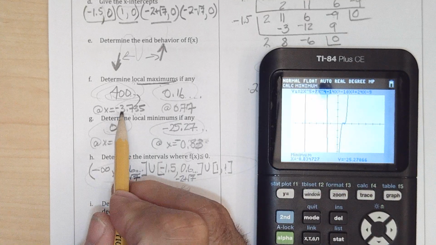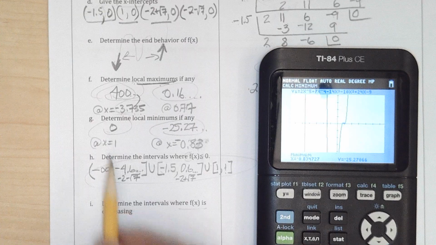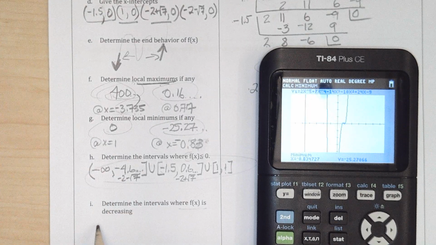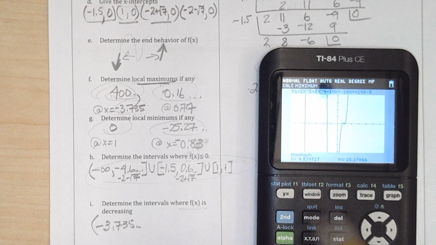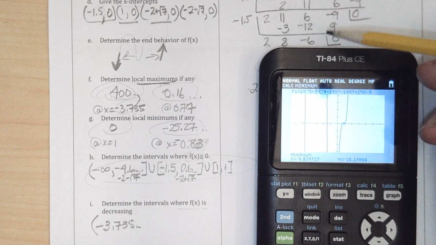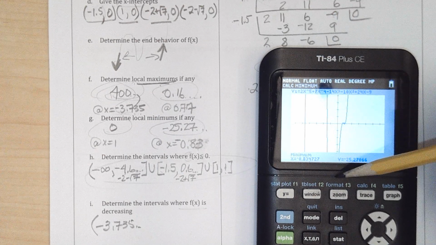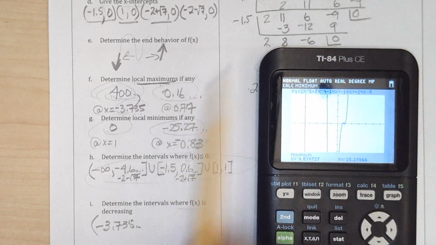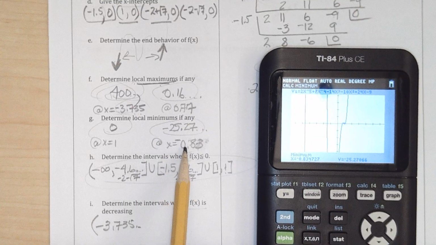So and that's why I wrote these down here so I could have it for this part. From negative 3.735-ish, and we never include the maximum because it's changing there. It was decreasing after that peak till it got to the minimum, and the minimum here happened there.